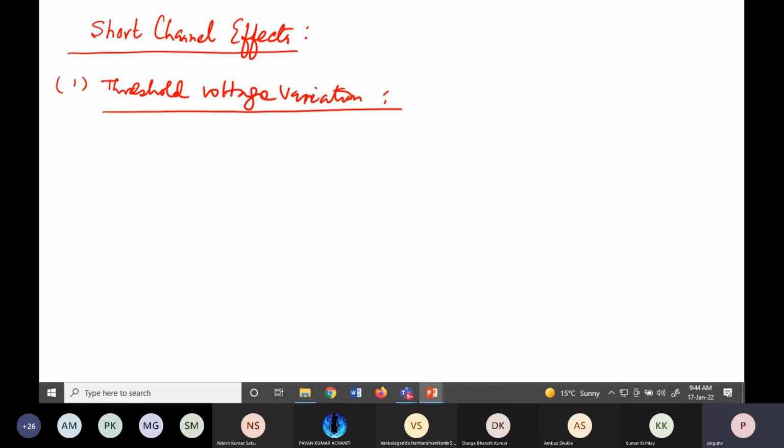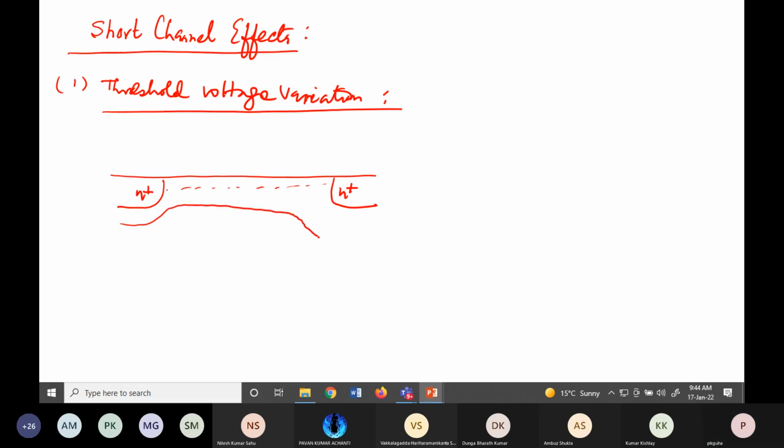Now the thing is, if you look at long channel and short channel carefully, this is my channel here, and there is the depletion region here. So the depletion region is under the channel and also under the source and drain.